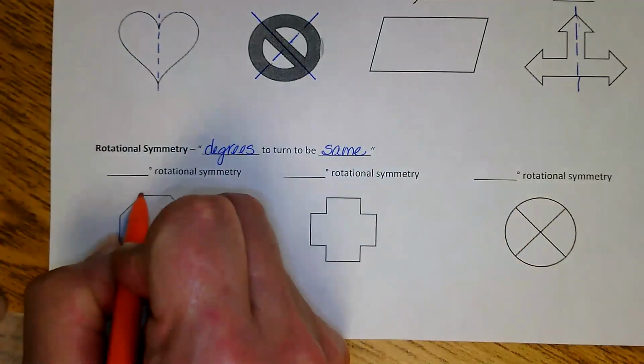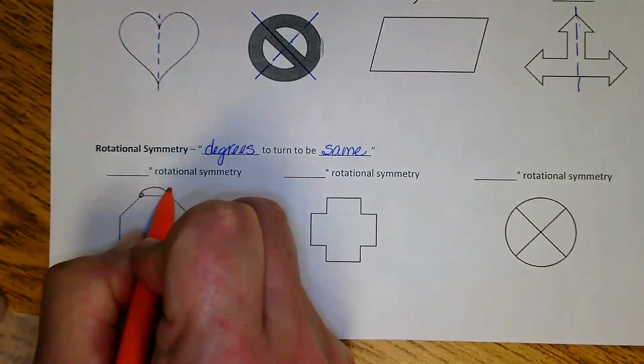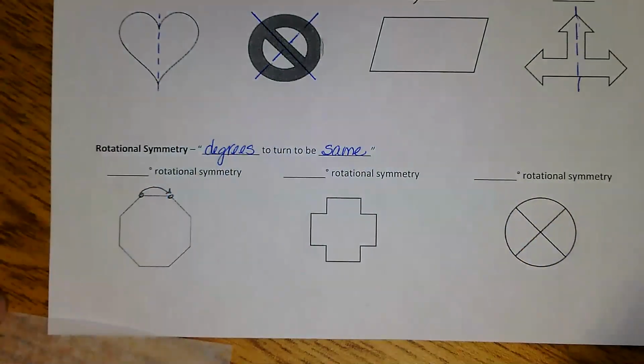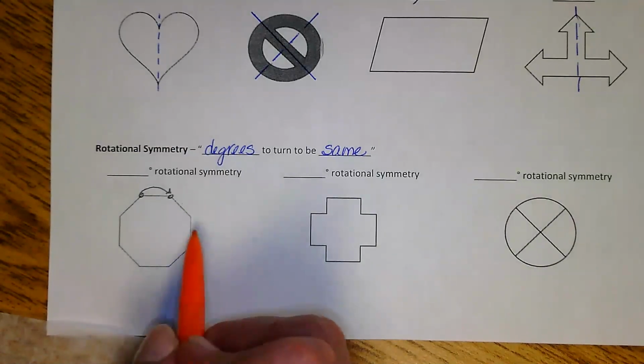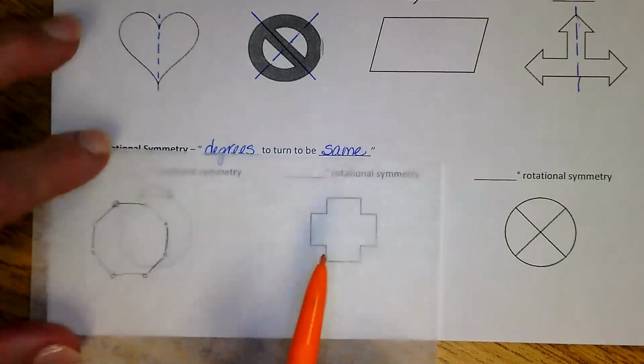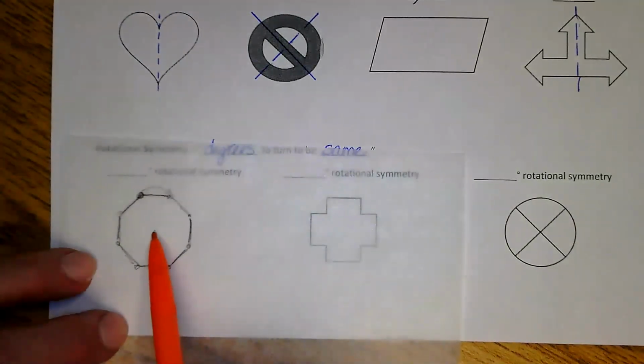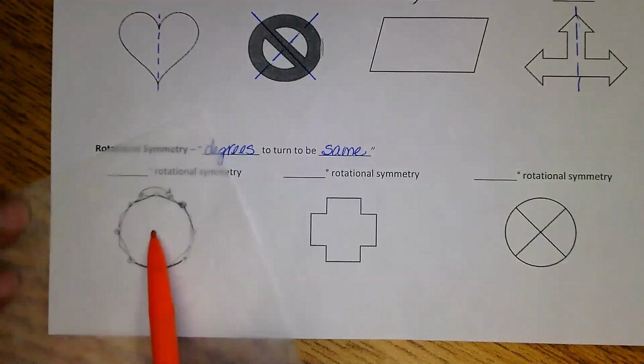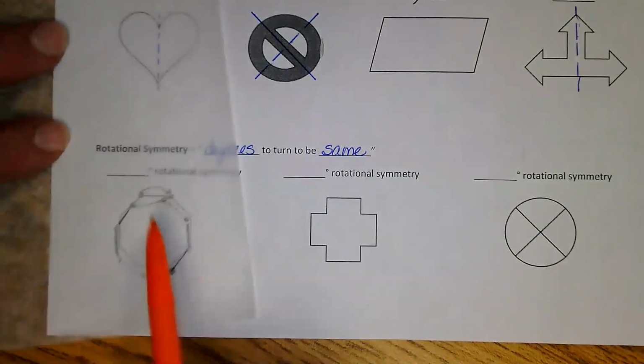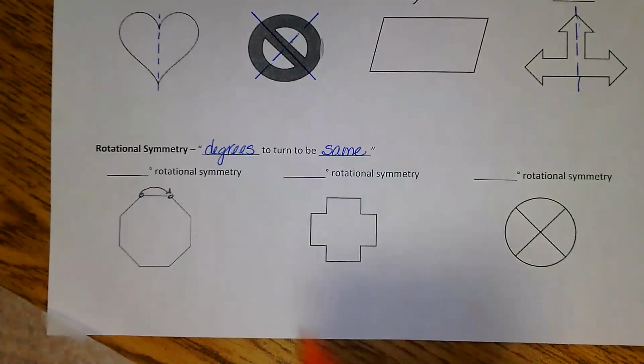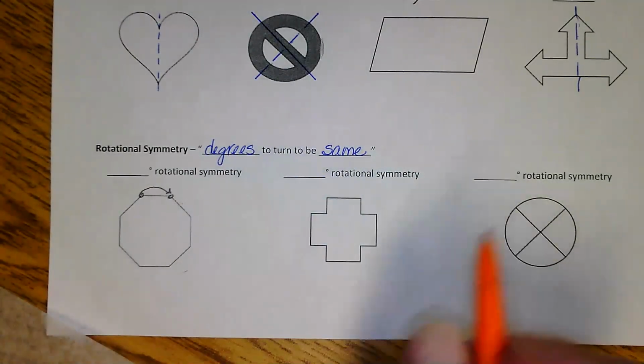So basically, this corner went to this corner. I could do that for every one of these corners, can't I? Let's double check. 1, yep, 2, 3. I didn't hold it quite in the center, but I could do that for every side.